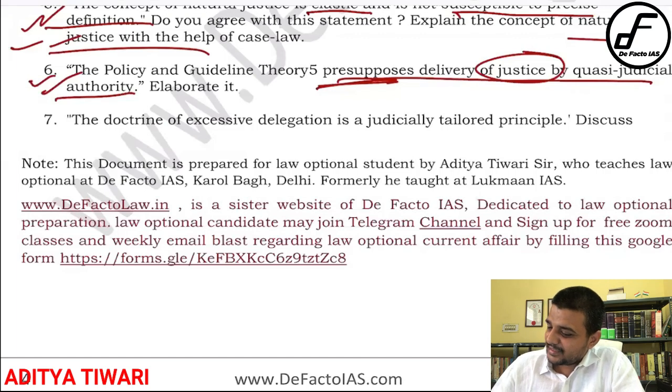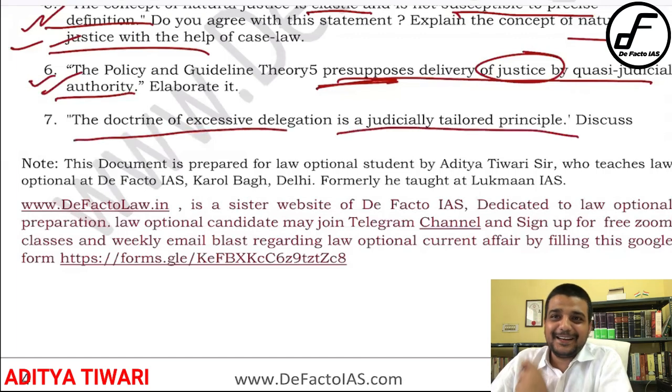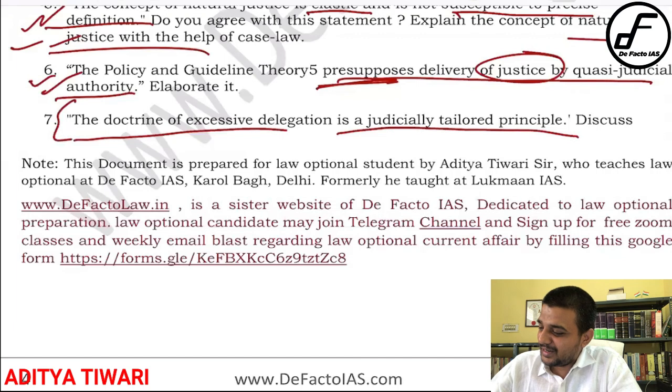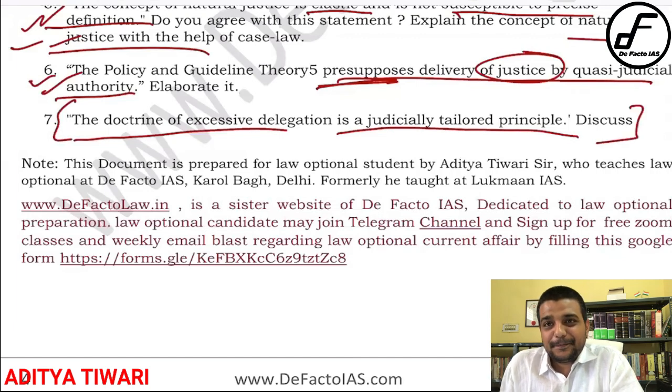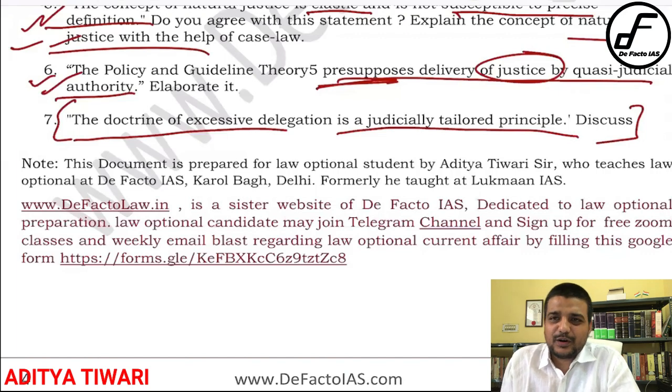Then the doctrine of excessive delegation is a judicially tailored principle. This is the question that you have to write actually. You read that in the Delhi case judgment, and try to write this particular answer for today. Then you can discuss multiple aspects of it. You can talk about how in the Parliament of Britain things have changed, how India adopted a different approach.